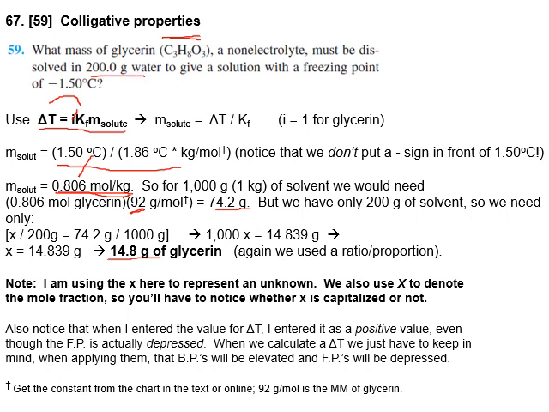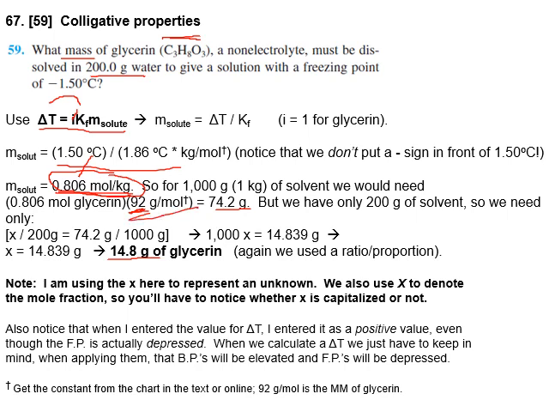So we can find how many moles we would have in 200 grams by multiplying that number right there by 0.2. And then that will give us how many moles we have in 200 grams of water. And then to convert it to grams, and the reason we're doing that is because they're asking for the mass, then we just multiply by the molar mass, which is 92 grams per mole. Here, let me re-underline it right there.